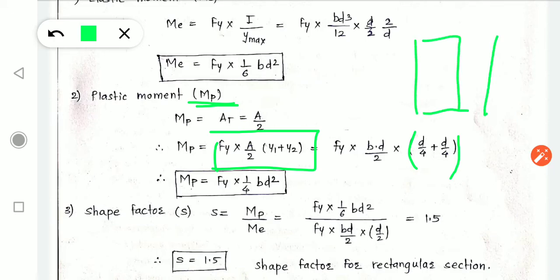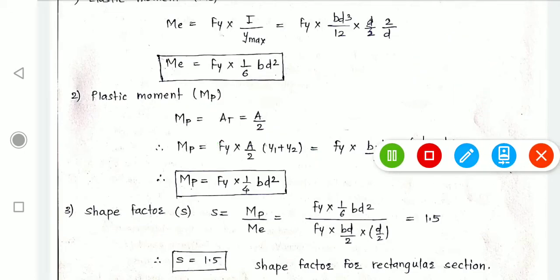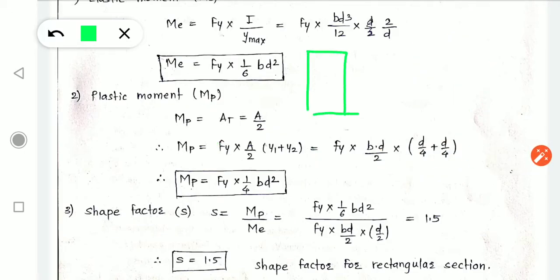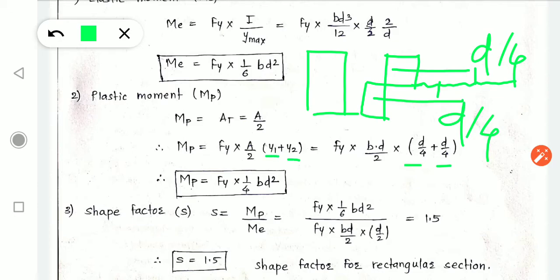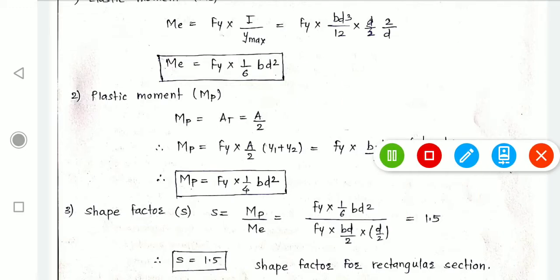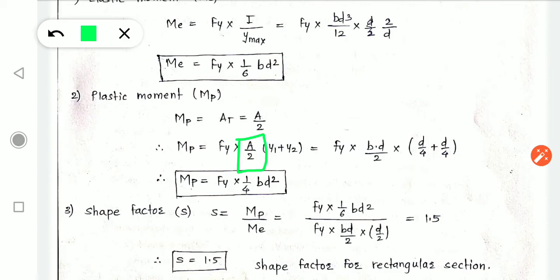The stress diagrams are like this, and the distance from the neutral axis, this distance and this distance, of course it is D by 4 and D by 4 as I explained above. So Y1 is D by 4, Y2 is D by 4, and because it is a symmetrical section, Y1 becomes Y2.